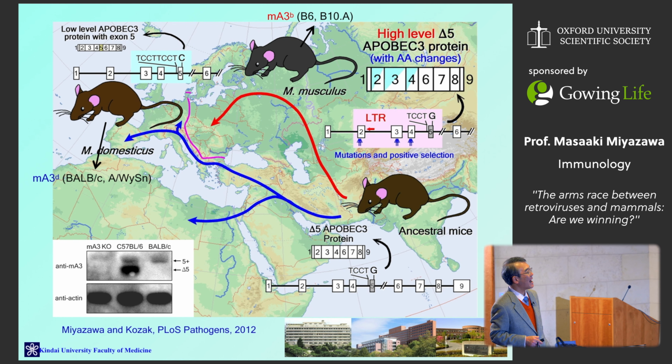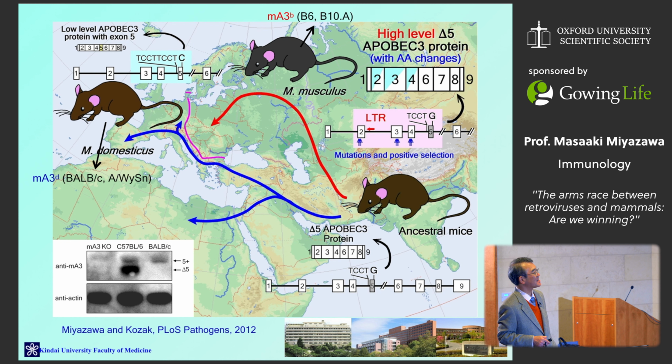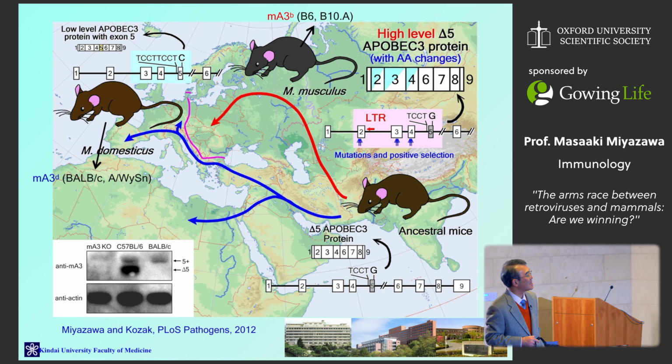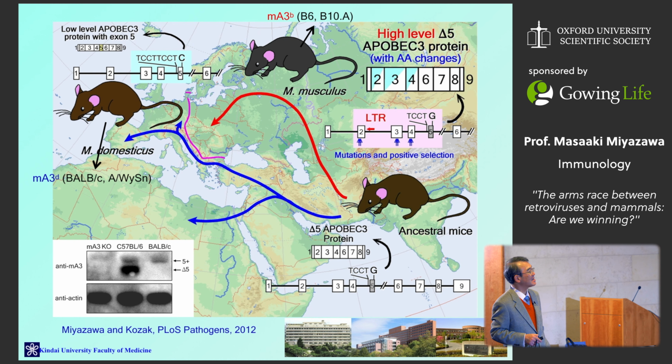One route is through the eastern coast of the Caspian Sea and up to the Siberian area, and they distributed in northern Europe. The other route is going through the Arabian area and through the Mediterranean, and they distributed to southern Europe.